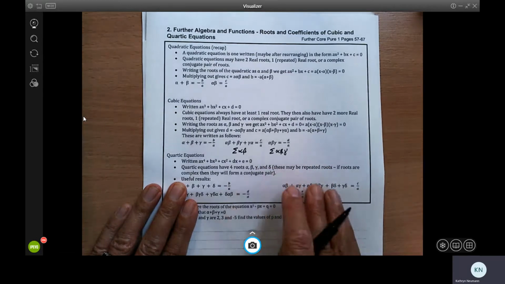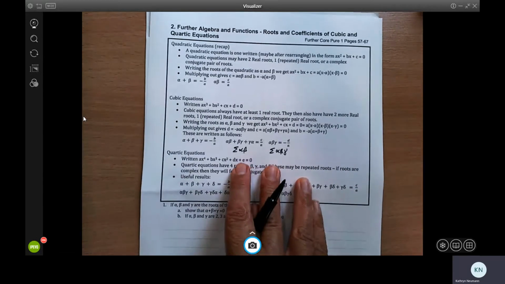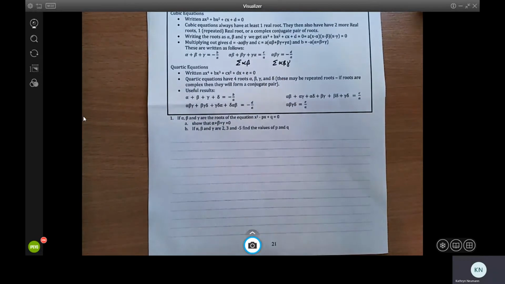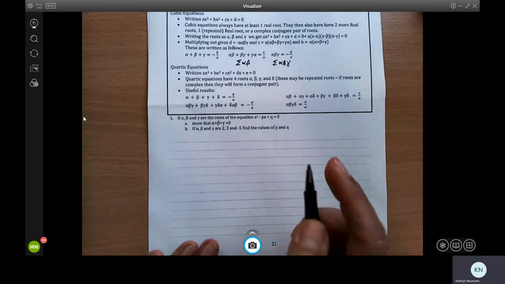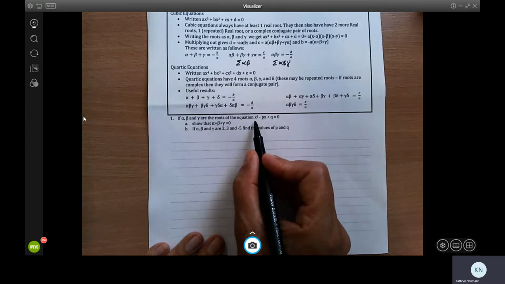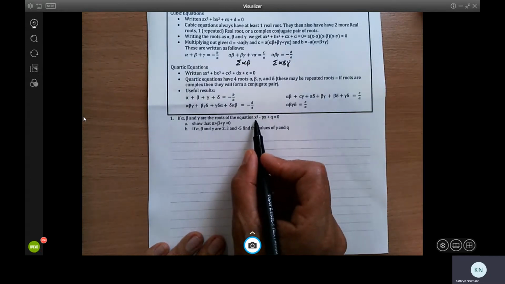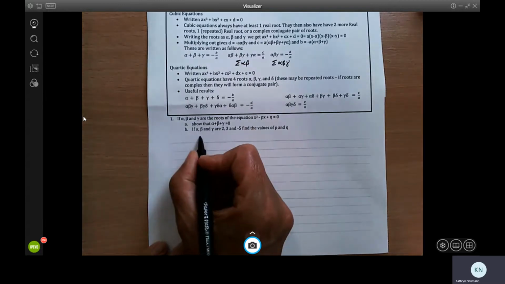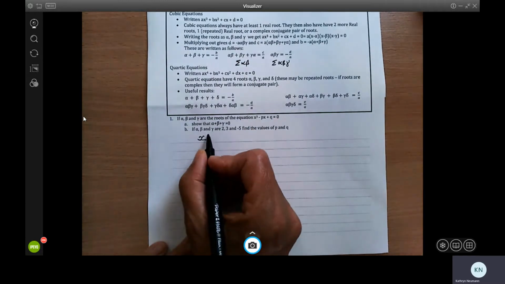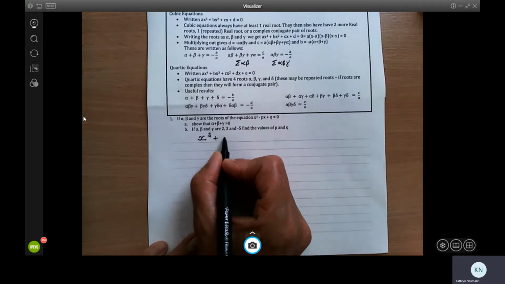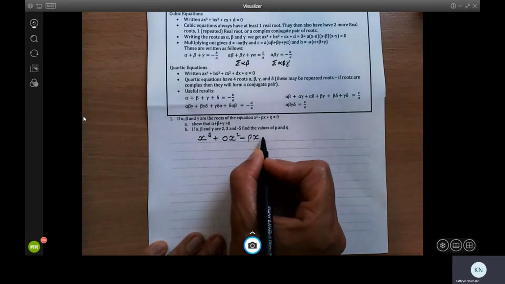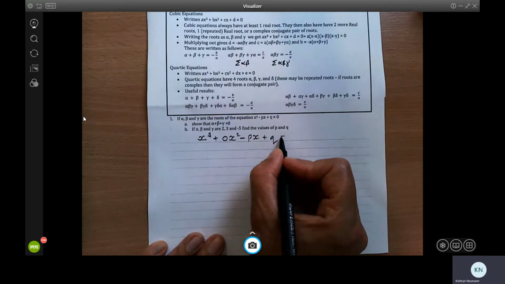So let's have a look at the sort of question you might get for this. The first thing to look out for is if you're given an equation that has one of the terms missing. This is a cubic, but there is no x squared term. So I would start off by writing this equation out as x cubed plus 0x squared minus px plus q equals 0.